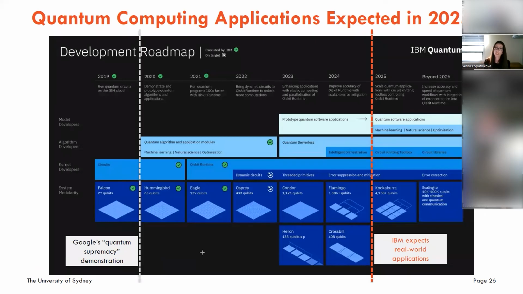They provide cloud access, both free cloud access to academics and premium cloud access for people who want to run high fidelity algorithms on multiple quantum computing machines. Right now, their biggest machine has 127 qubits, but soon it should grow to about 433 qubits. This is their development roadmap that they publicly publish.